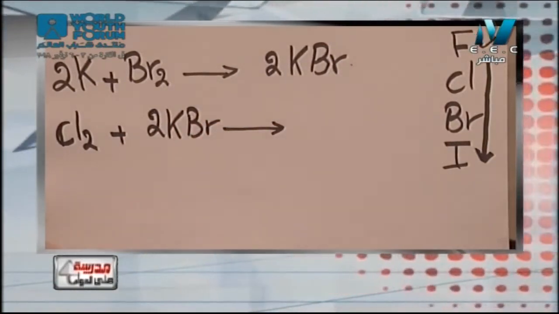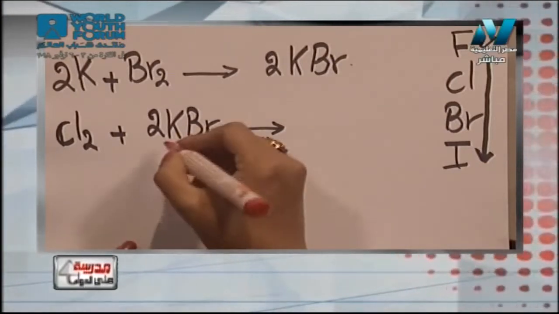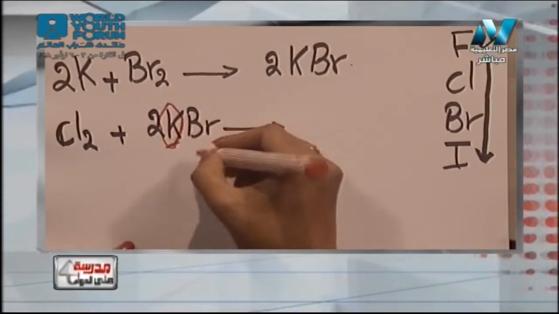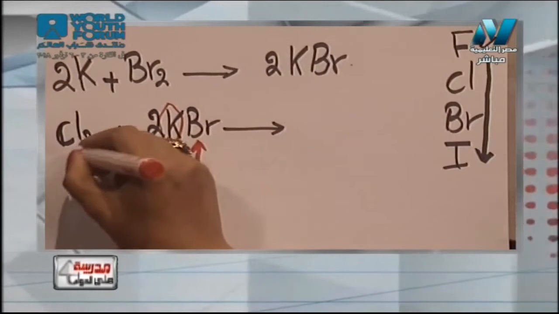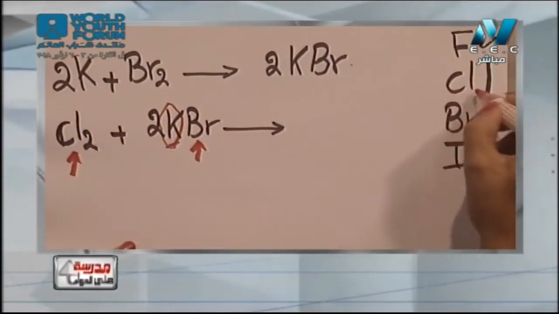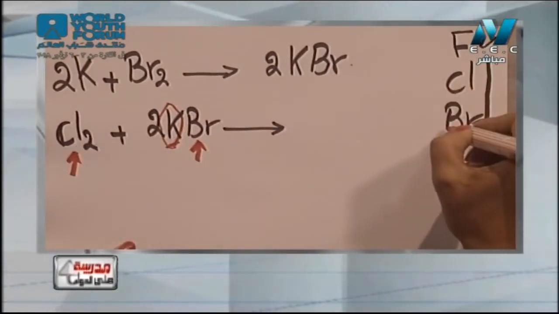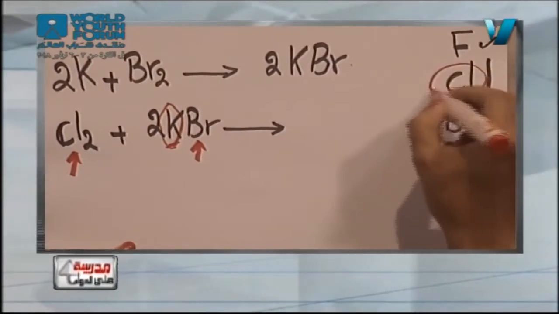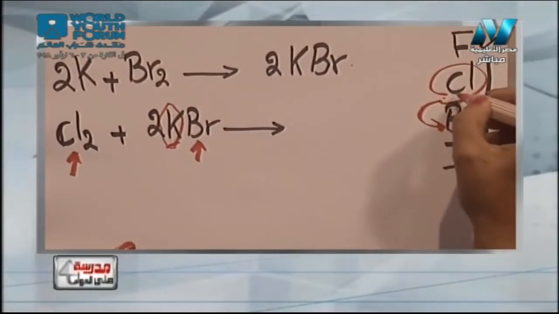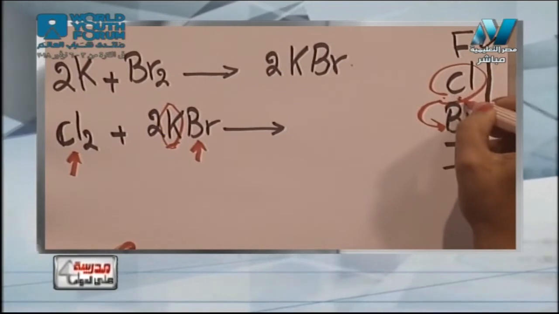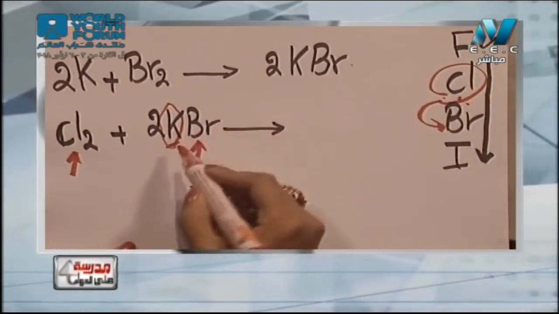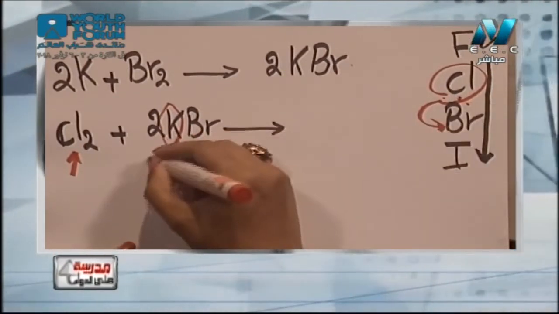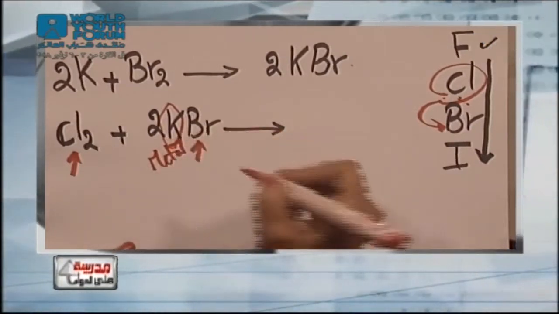As we see here, look, this is the metal, this is the metal. This one is a halogen and this one is a halogen. But let's see which is more active, chlorine or bromine. We'll find that chlorine is more active than bromine because it is above it in the group. So it will replace it. It will take the metal from it and replace it.